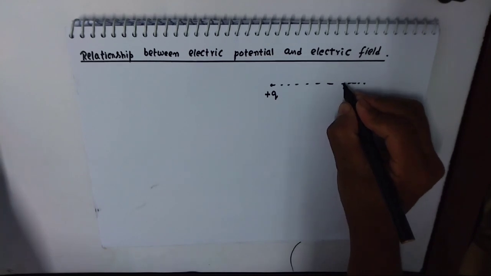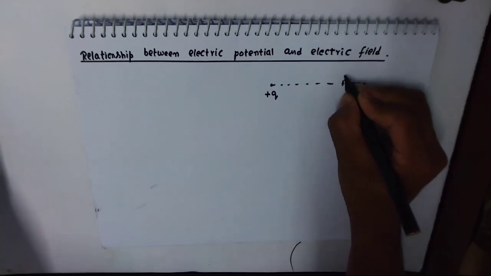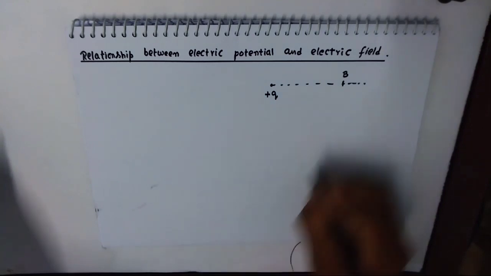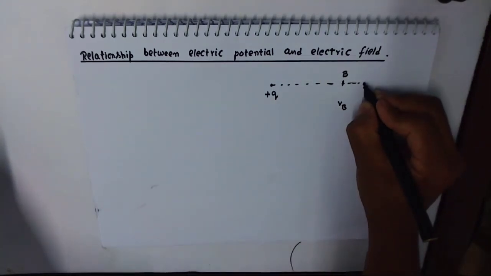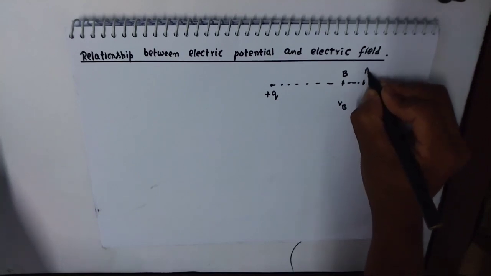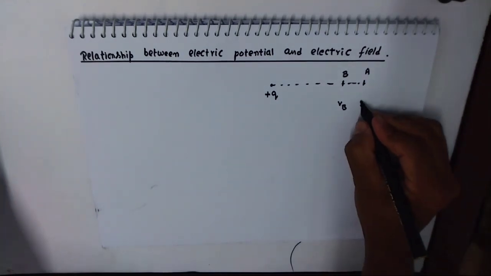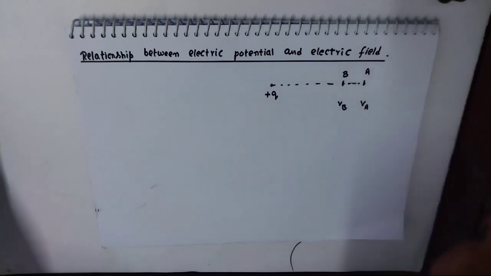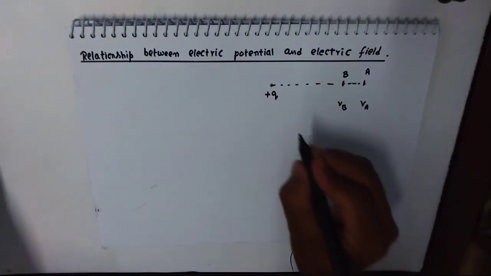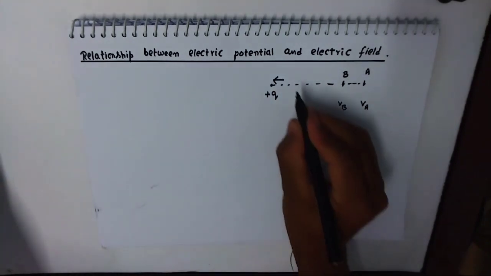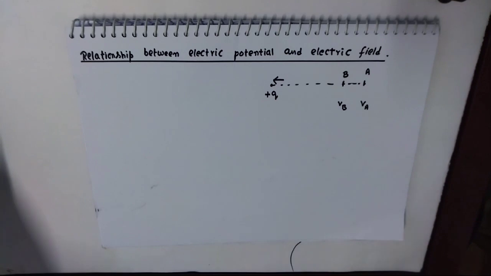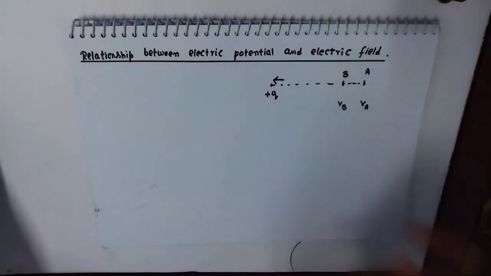Say somewhere at this point B, the potential is VB, and somewhere here at a point A, the potential will be VA. From plus Q to a point B, the distance, say it is RB, and from point A to plus Q, the distance, it is RA.